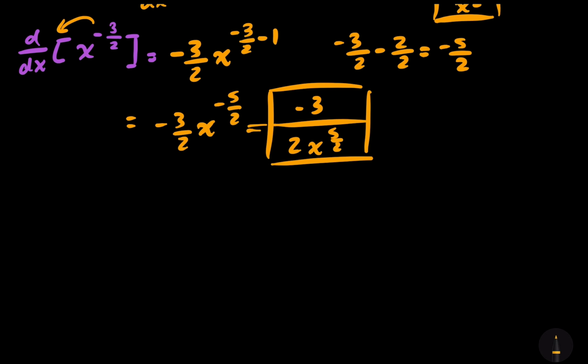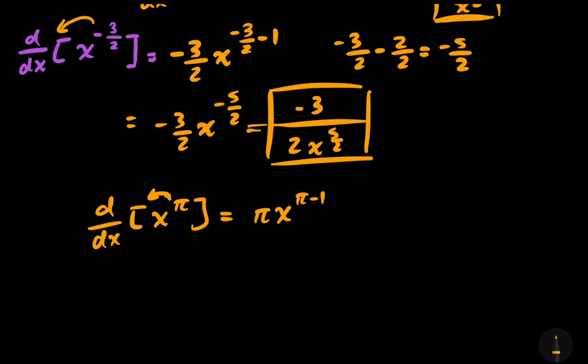And so essentially, we can apply the power rule to all real numbers. It's not exclusive to positive integers. We can even apply it to irrational numbers. If I gave you, for example, the derivative with respect to x of x to the pi, we would do the same exact thing. We take this exponent and make it the coefficient, so we get pi x, and we decrement the exponent by 1, so we get pi x to the pi minus 1.